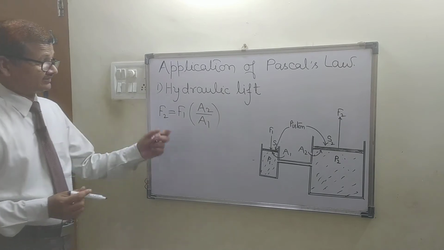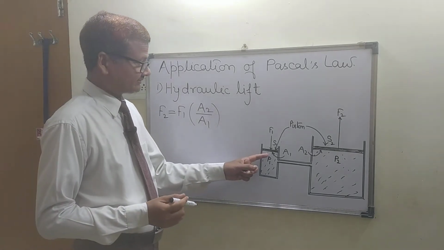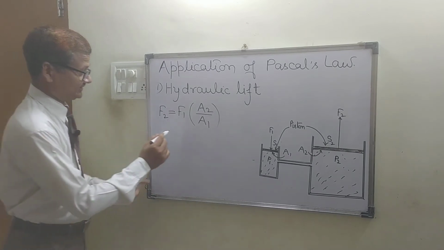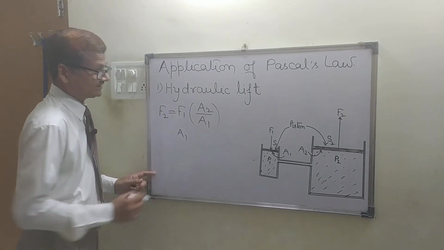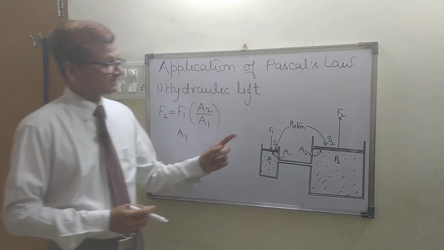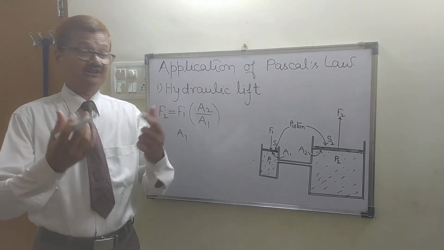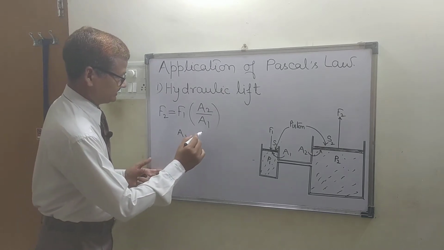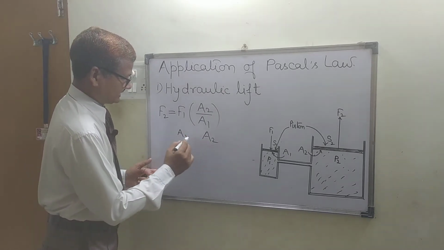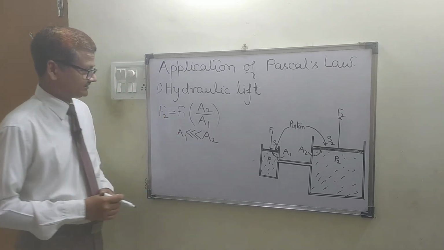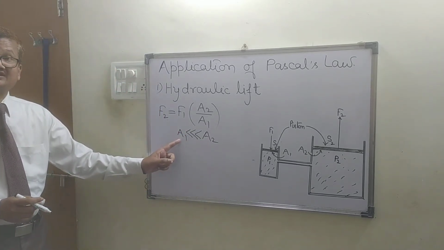It is very clear from the diagram. Area of cross section of the piston on which the force F1 is applied is A1. Area of cross section of the piston on which the load is put to lift is A2, and A2 is very much greater than A1.